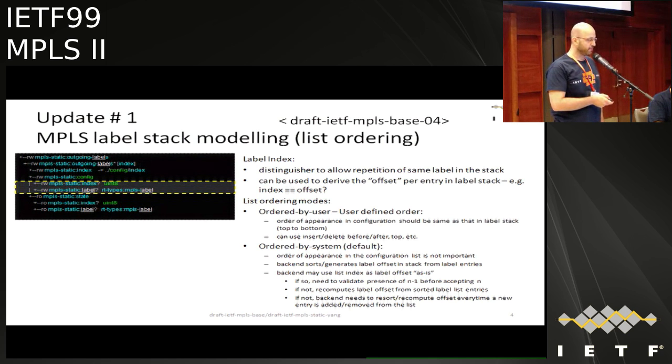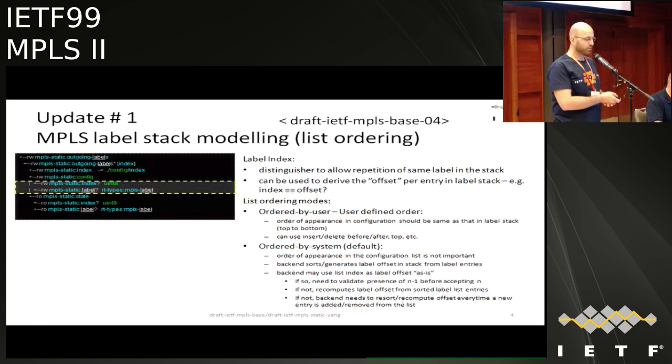There was a discussion on whether we should use the index as an offset in the label stack. We're talking about an ingress or a node pushing a number of labels, and we are listing those labels indexed by a number. So should this number be equivalent to the offset in the label stack?